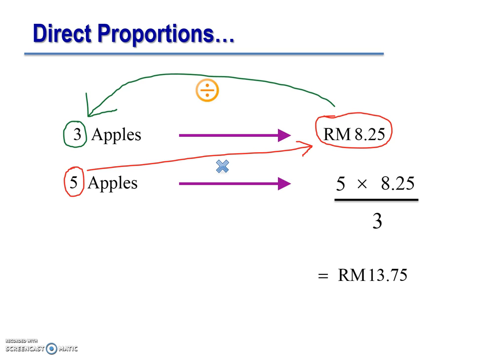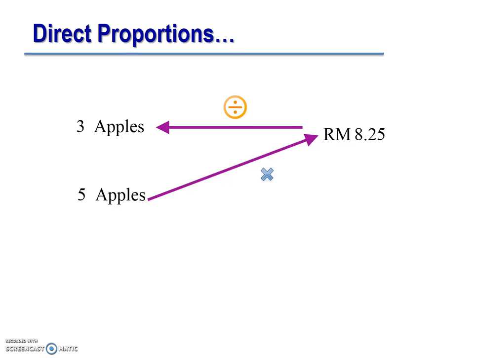So, basically, if you do it in your calculator, it will give you 13 ringgit and 75 cents. Now, this is what you are doing. The cross multiplication like this should be a multiply. However, the arrow to the left here is something that you should divide.